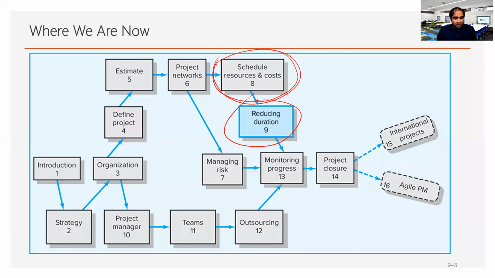We can do it, but obviously there are some specific procedures. There should be some trade-offs. That means we need to spend some more money, we need to allocate more resources to reduce the duration of the project. Again, that relates back to resources and cost. So depending on the situation, we can trade off between resources and cost. If need be, the overall project duration can be reduced.